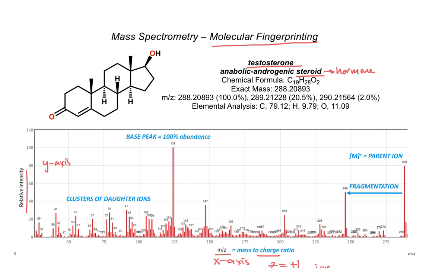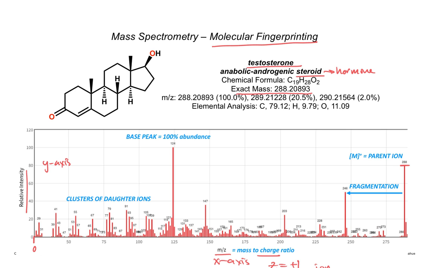So if we start at 0 on the x-axis, that's 0 mass. The first thing we want to look at is the highest number. And here, that number is 288. And you'll see up at the top here, it says the exact mass is 288.